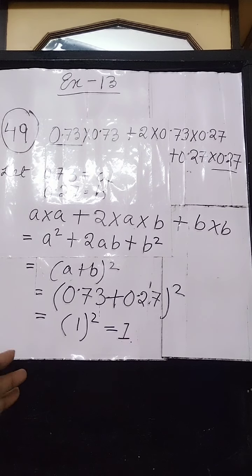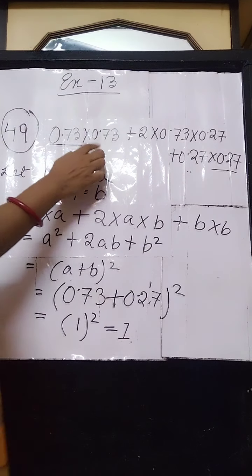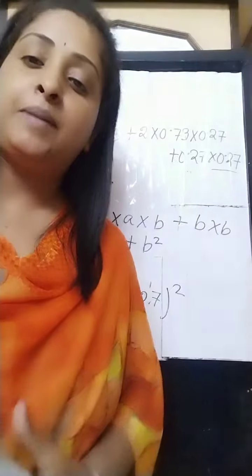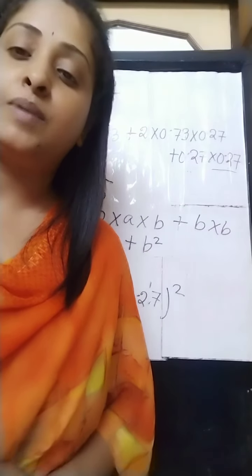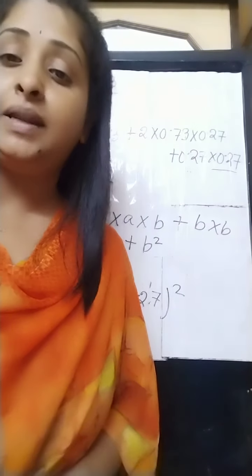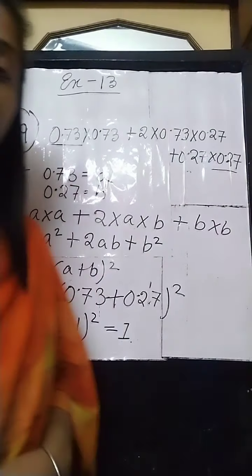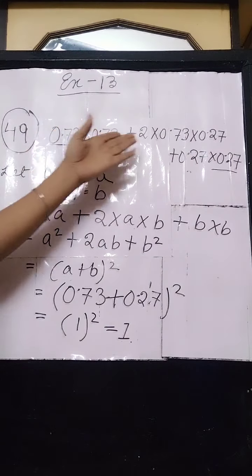Whenever these types of sums are given to you, that is, a huge numerical expression that you are asked to evaluate, you always have to apply the formula. Without applying the formula of (A plus B) whole square or (A minus B) whole square, you cannot simply find out the answer by only multiplication and addition.